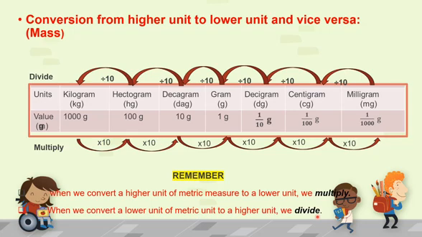I have made it a little short for y'all to understand and remember. That is HLM, higher, lower, multiply. LHD, lower to higher, divide. So if you keep this in mind, you will never forget whether you have to divide or multiply.